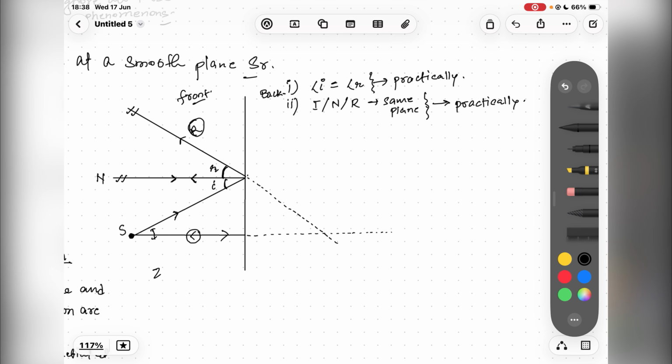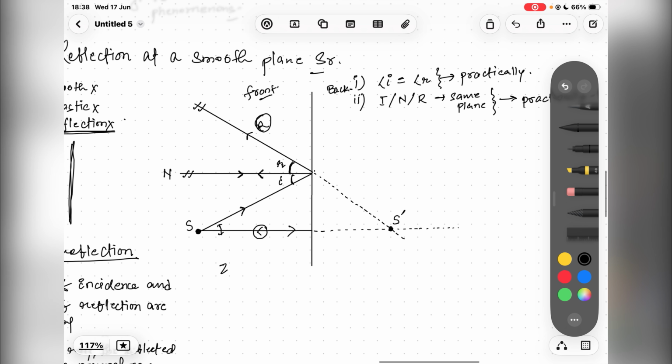The point at which both these reflected rays and their traces meet will be the point where the image of the object will be formed.